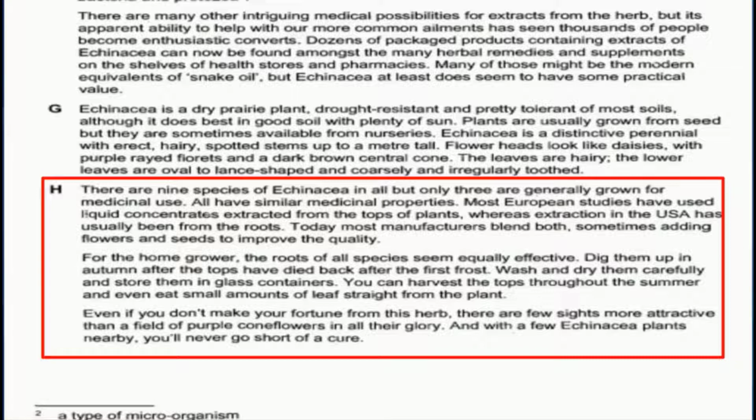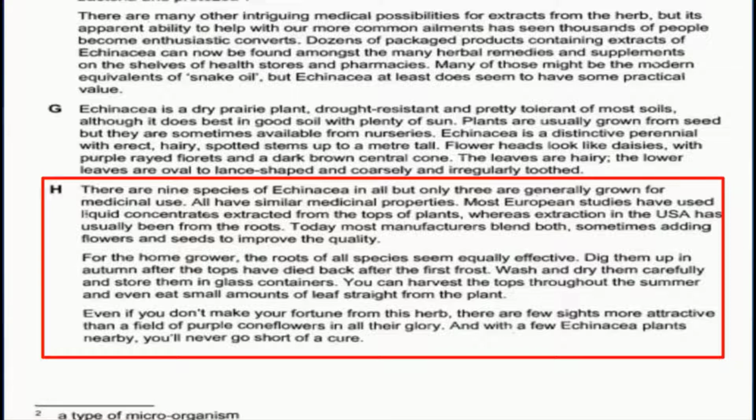For Europe, the section tells us about liquid concentrates from the top plants, whereas in the US, the extraction is actually done from the roots. Today, we are told most manufacturers blend both. That is both what is used in the US and in Europe.